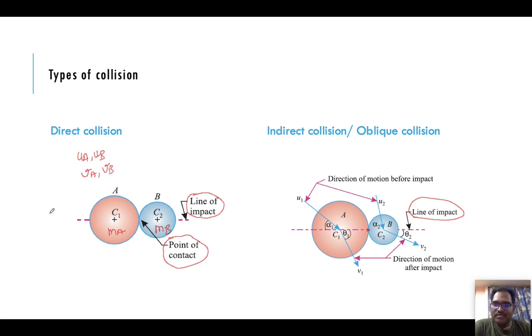Please don't look into the direction, which will change, but look at how this is aligned: ua, ub, va and vb.